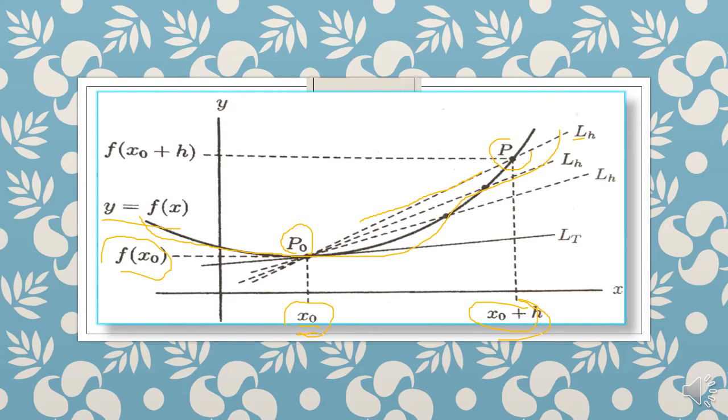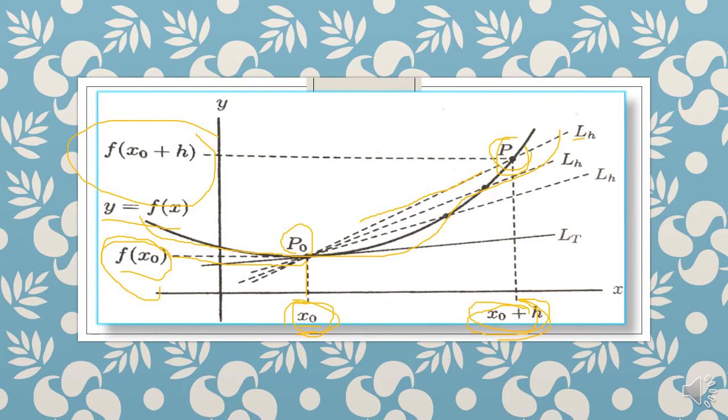Then P sub O is the point x sub O and f of x sub O. And P is the point having the coordinates x sub O plus h and f of x sub O plus h.